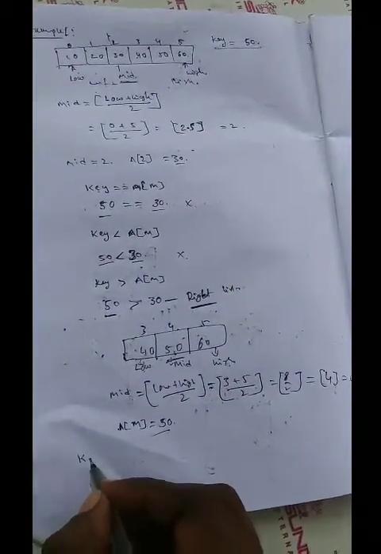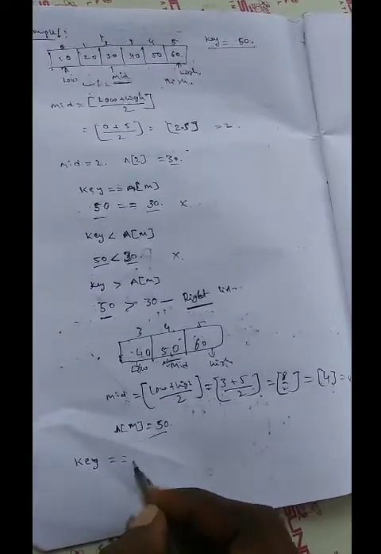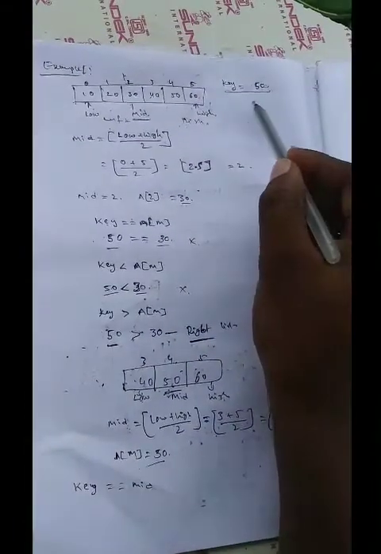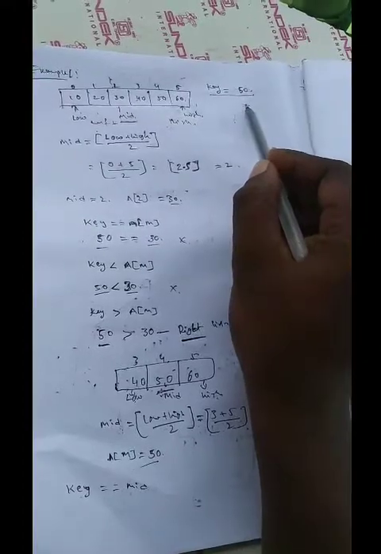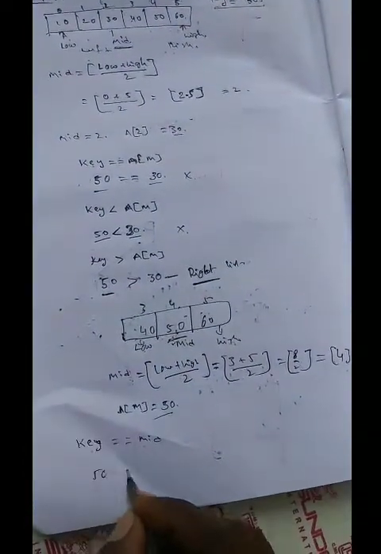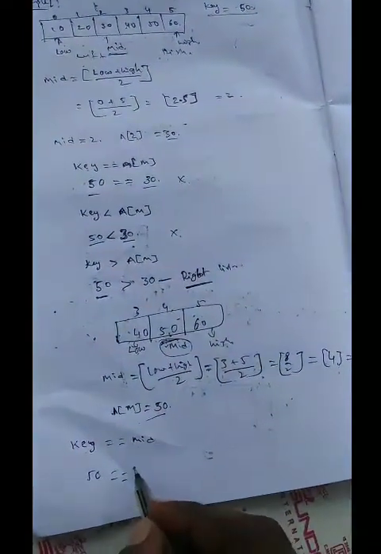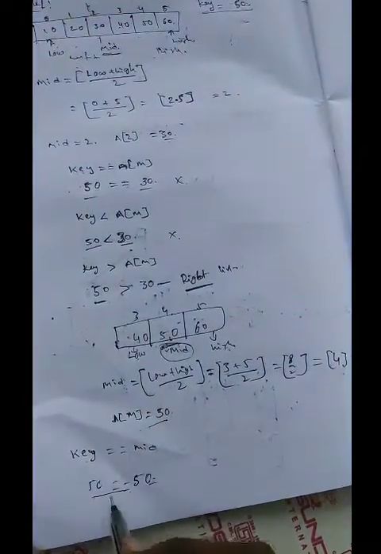Key equals mid: the key value we want to search is 50, and the middle element is also 50. So those are equal.